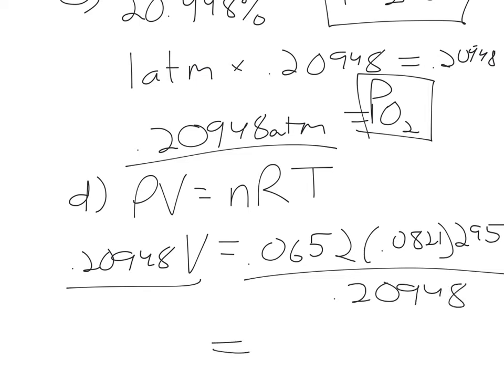My final value, according to my calculator: 0.0652 times 0.0821 times 295 divided by 0.20948 equals 7.5, is that right? One more sig fig, 7.54 liters.